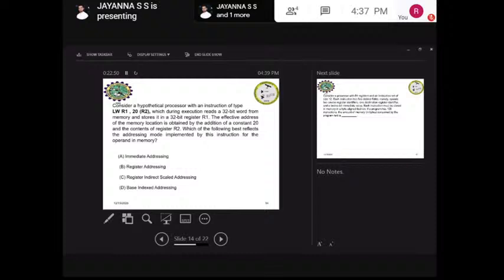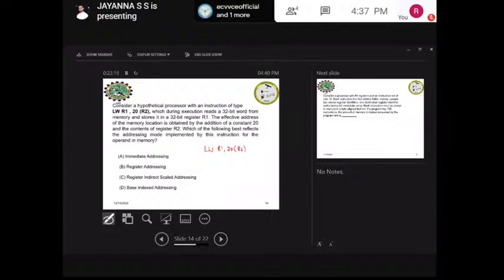The effective address of the memory location is obtained by the addition of the constant 20 and the content of register R2. Which of the following best reflects the addressing mode implemented by this instruction for the operand in memory? Here the given instruction is LW R1, 20(R2).